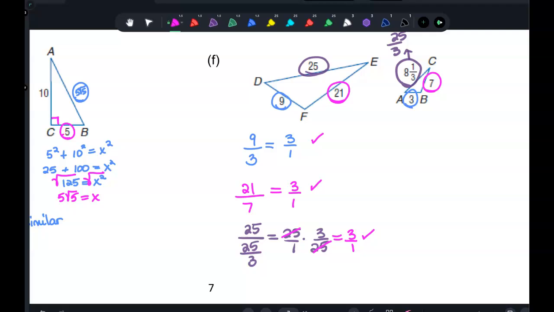So all three sides have the same ratio. They are proportional. So yes, triangle DEF is similar to triangle, and again, you just have to make sure that you go in the right order. This will be ACB, by side similarity.